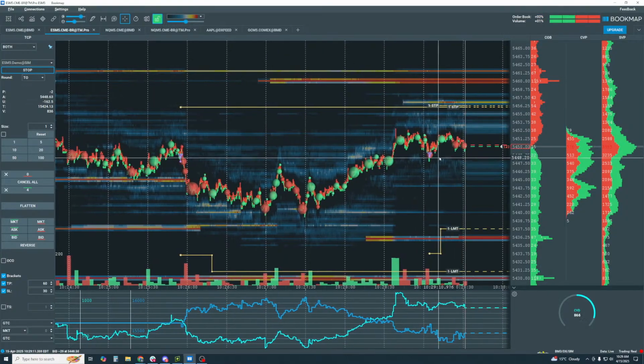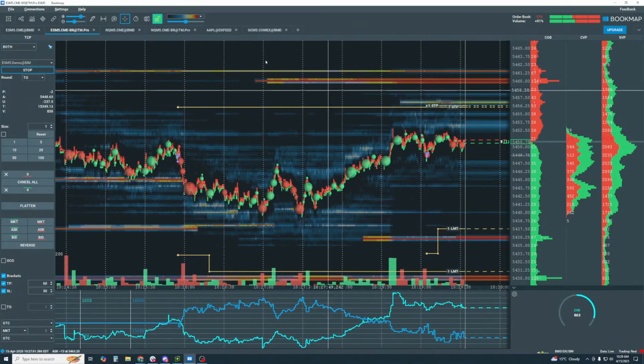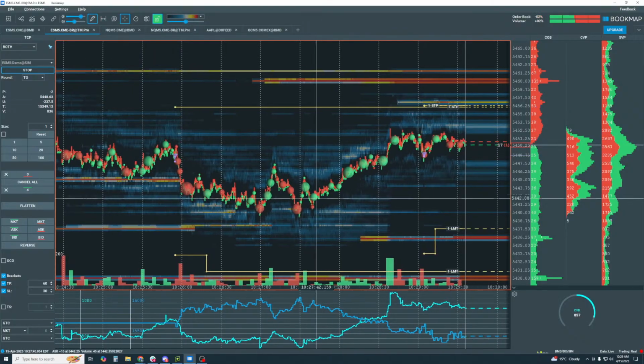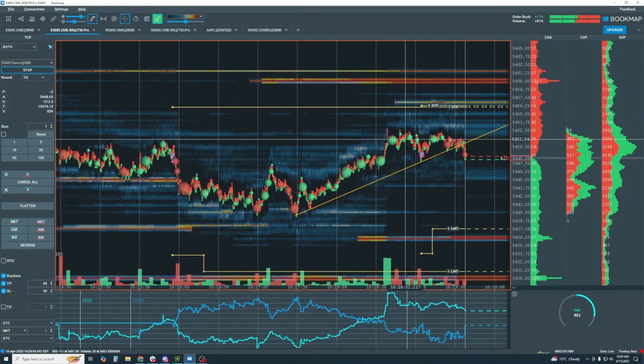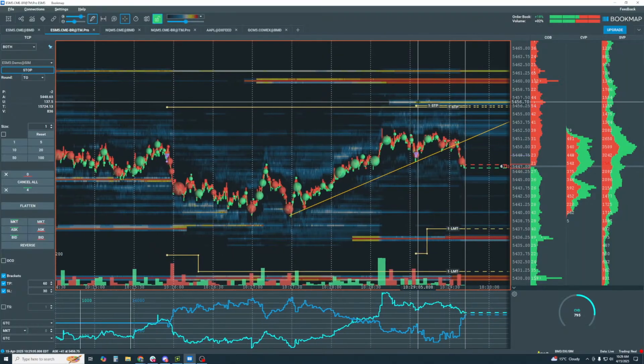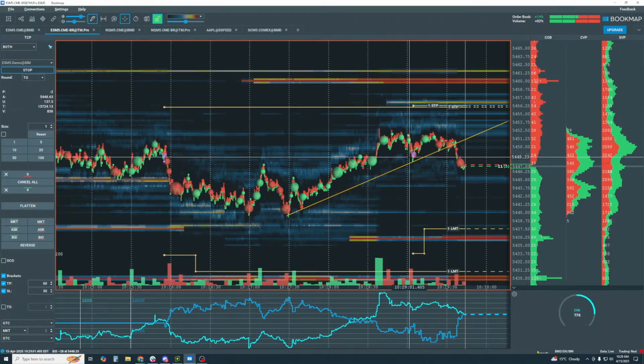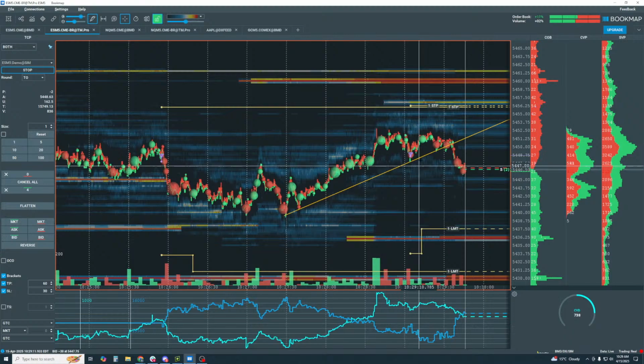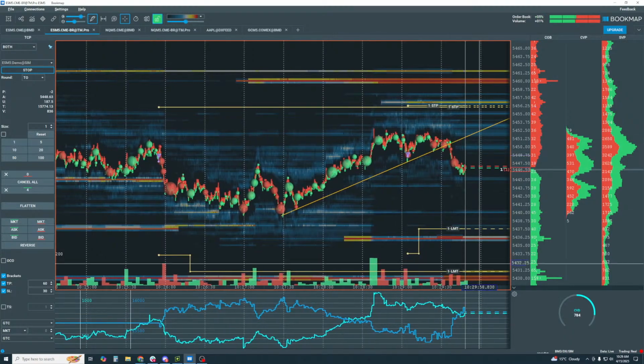Now we're looking for these sellers to break the little trend here, right? So we want to see that shift and change in the order flow. So here we go. That's what we're looking for. I was looking for it here actually, and we had one more test and then we got it.